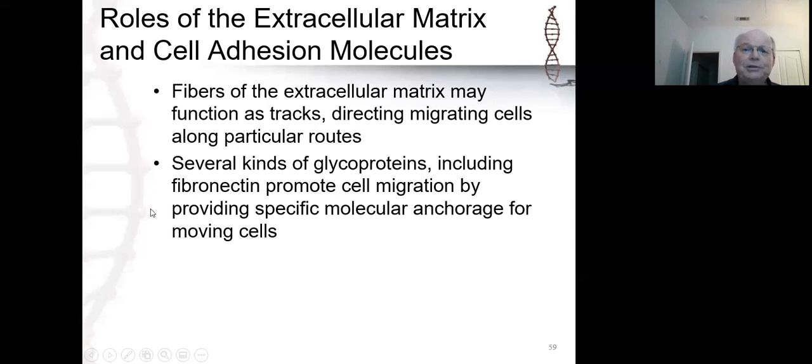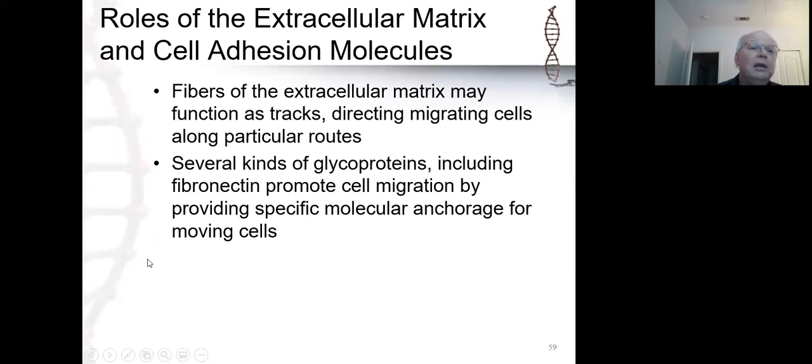And then the cells that are located at their destination also send out chemical signals that act as attractants. And so the cells are guided from their original location to their destination by chemical signaling from cells that are adjacent to them. And this provides them with a pathway so that they wind up in the correct location.